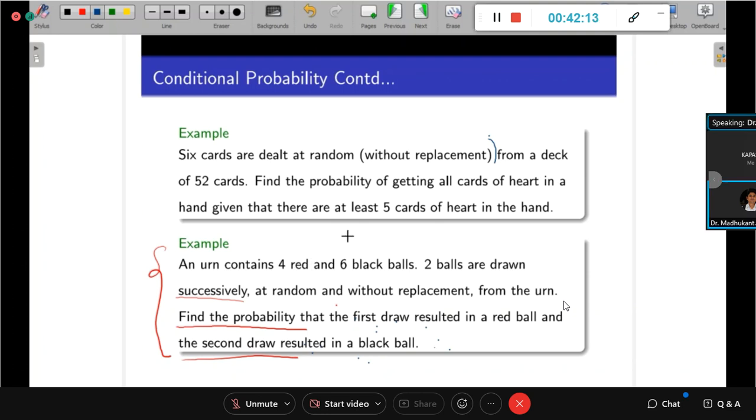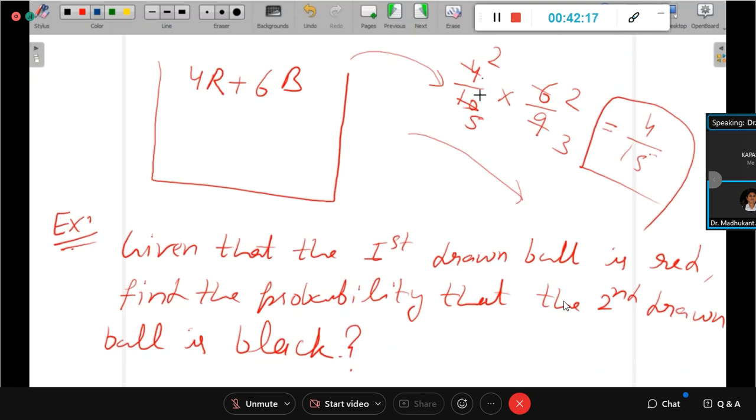See, implicitly here, out of 4, how many are there? 4C1 out of 10C1. So the first draw will take 10C1 only, here it is 4C1. Now here it is 9C1, and out of that 6C1. So it's only the second draw.